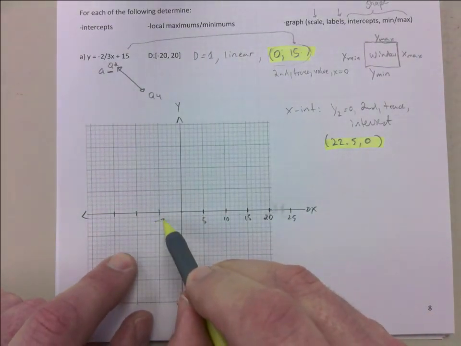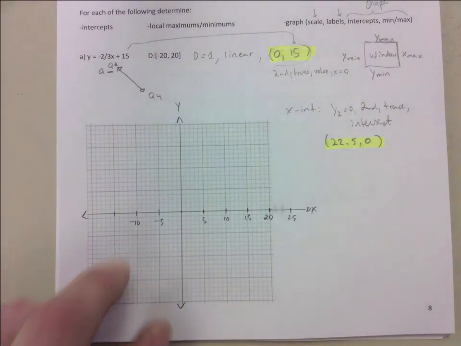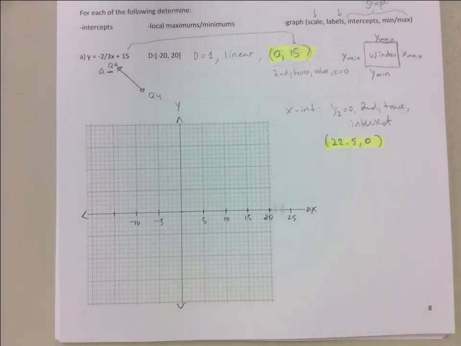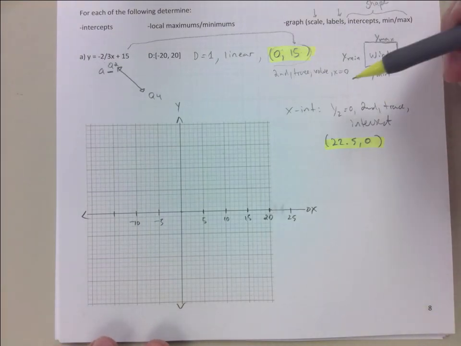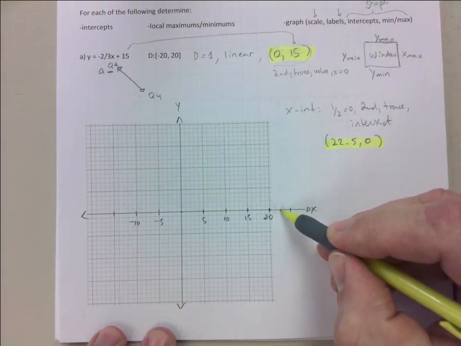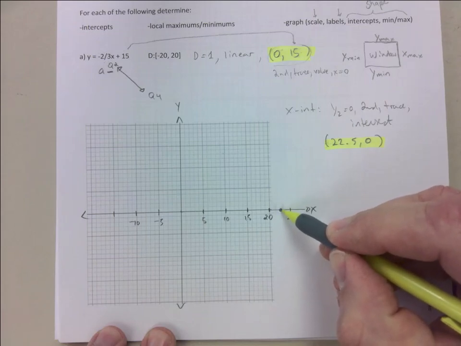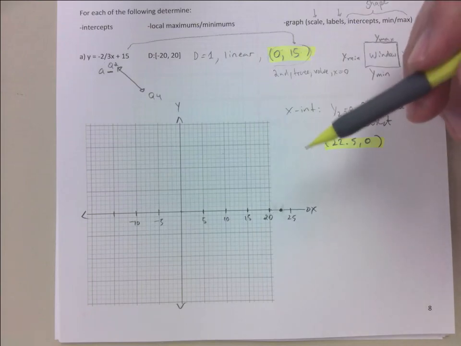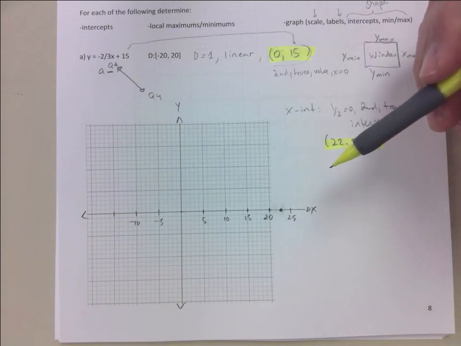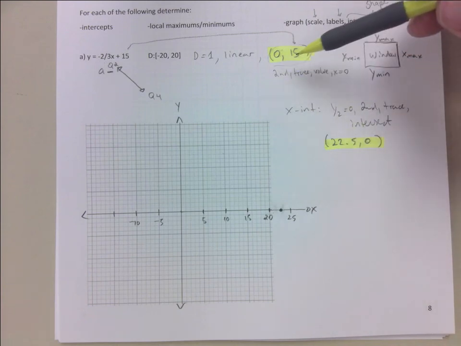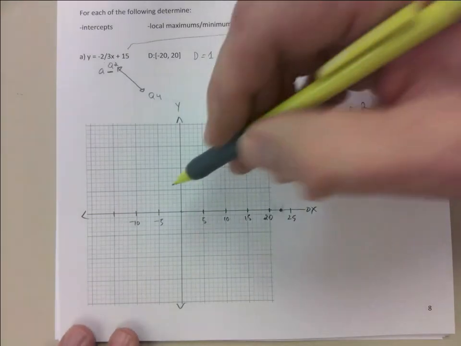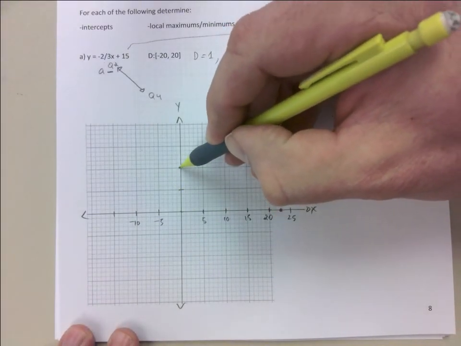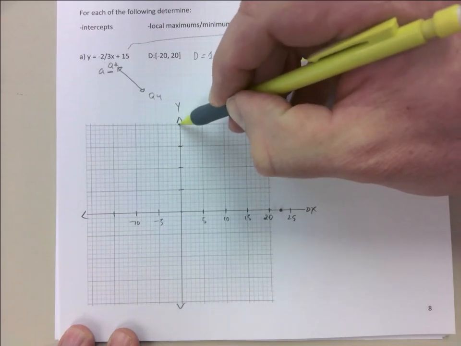So you do the same thing going to the left. That's good. So let's plot it. 22.5 is right there. Now you want the y-intercept in there. 0, 15 is not a crazy number, so I'm going to stick with the 5. 5, 10, 15, 20.